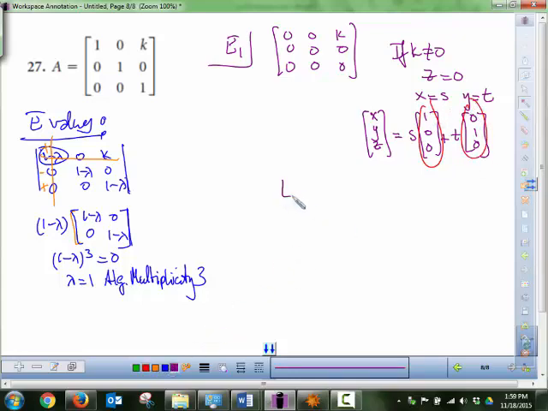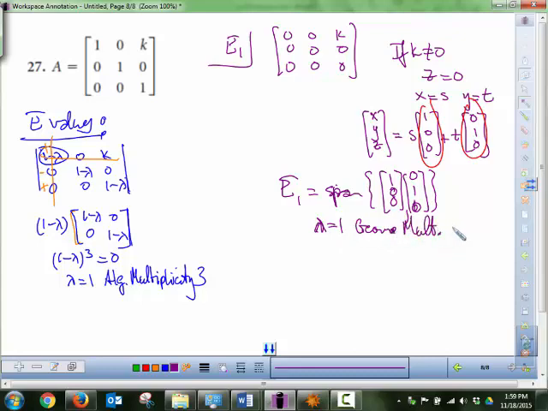So in the old notation, our E1 is going to be the span of 1, 0, 0 and 0, 1, 0, which makes it a 2-dimensional space. These two are linearly independent. So this has geometric multiplicity of 2.